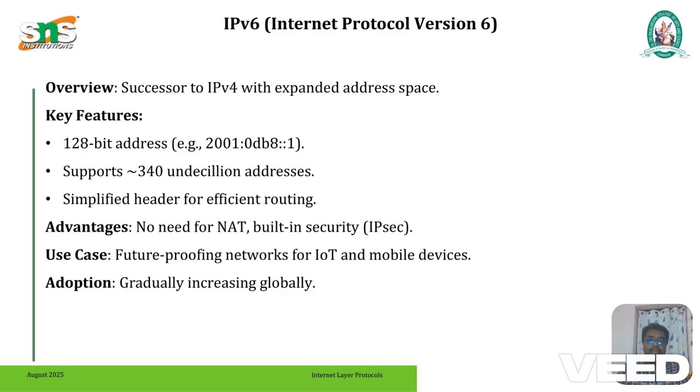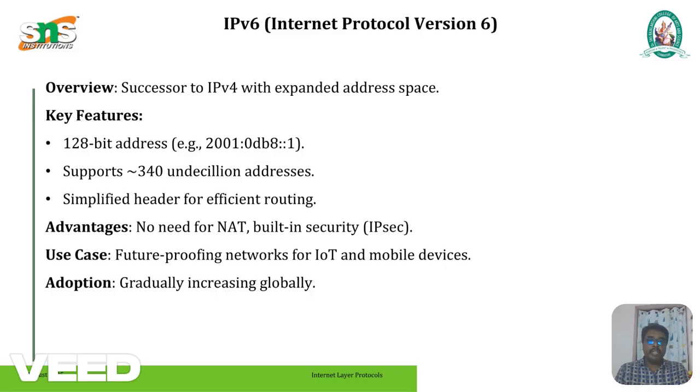Here IPv6 is the successor of IPv4, with an expanded address space. It uses a 128-bit address, as I told you, and it supports 340 undecillion addresses. It offers a simplified header and effective routing. It avoids NAT, network address translation, whereas IPv4 uses NAT.